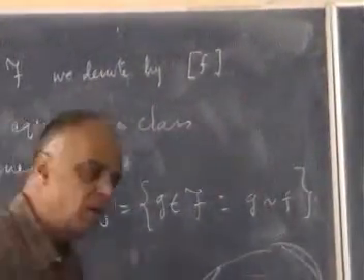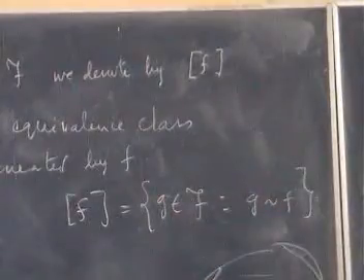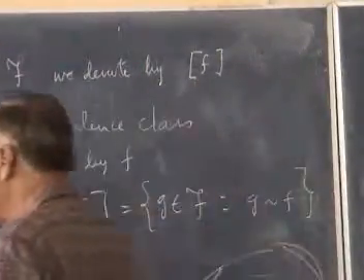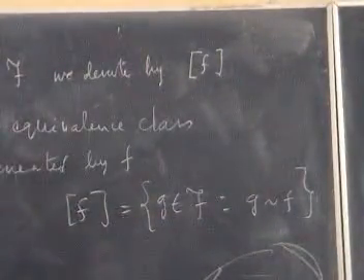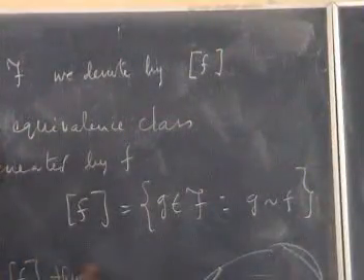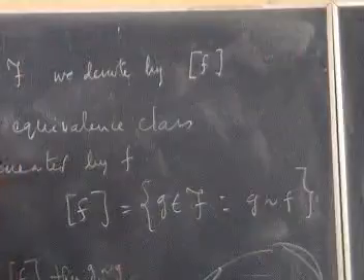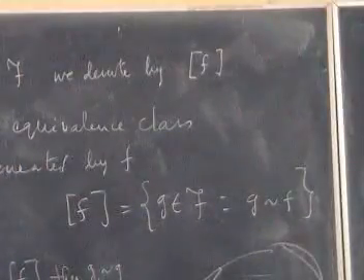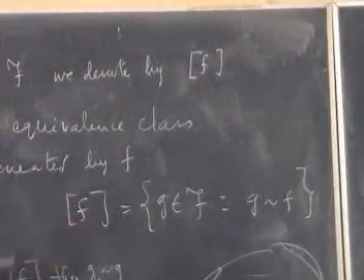Now what do we know about these equivalence classes? If G1, G2 belong to the class of F, then G1 is equivalent to G2, because G1 is equivalent to F and F is equivalent to G2.